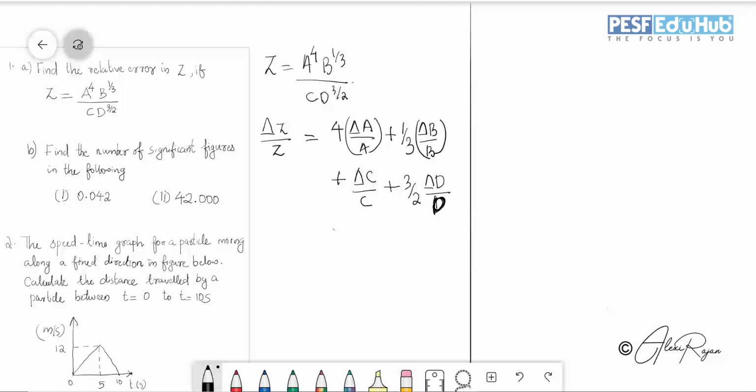In this session you can also expect some direct questions. You may be given the values of delta a and a, delta b and b, delta c and c, delta d and d. For example, if a is equal to 200 plus or minus 5, that 200 is the actual, true value of a, and delta a will be plus or minus 5.